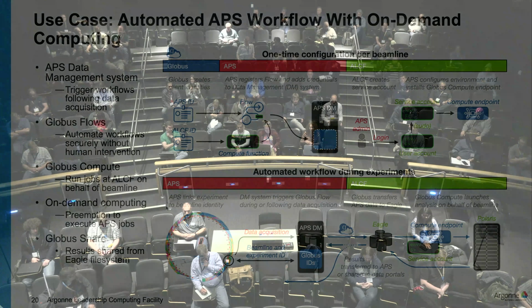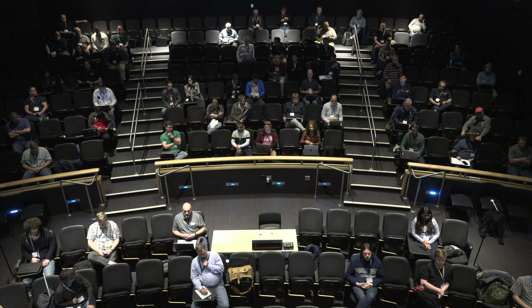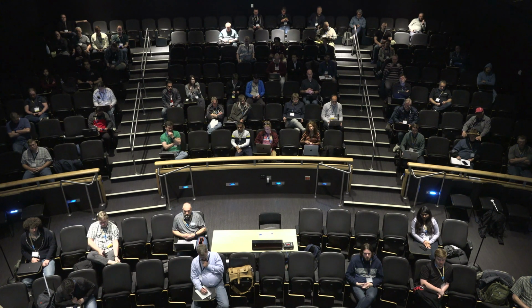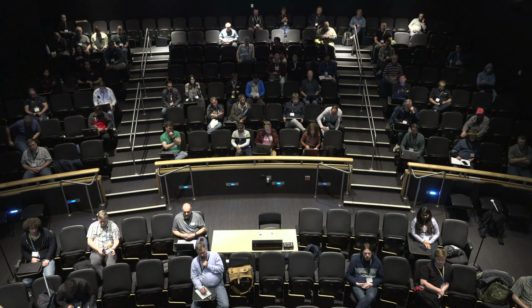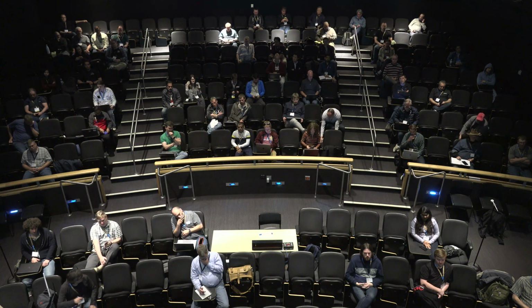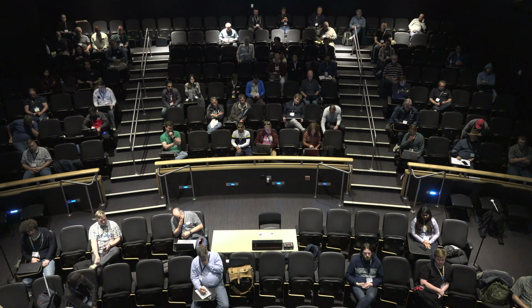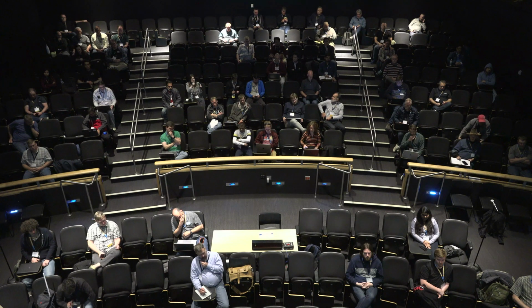However, my question was, are you storing information in your data management system about the jobs and the transfers that were performed, or is that versioning history and that historical data really just stored in Globus? Like, is it cyclical?